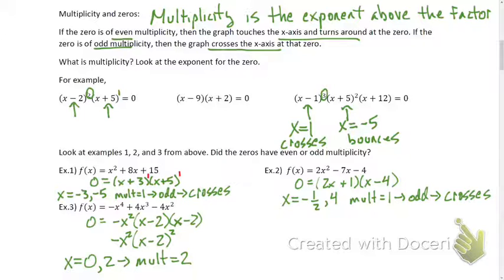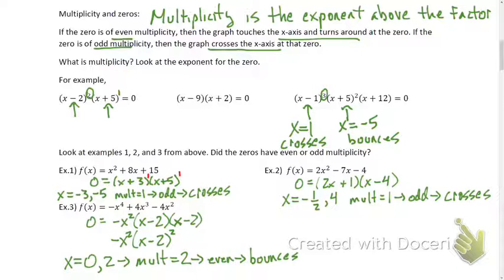It's just a coincidence on these problems 1, 2, and 3. Trying to show you a good mix. But 2 is an even number, meaning the graph bounces at both of those zeros. So we'll look at what that looks like in an actual graph here in a minute.